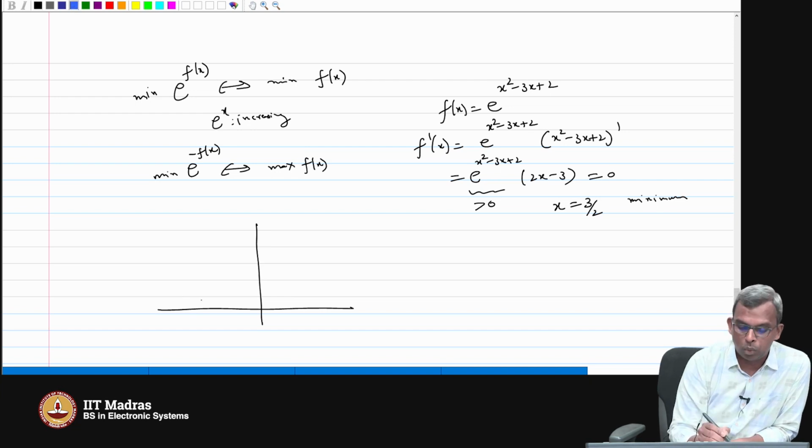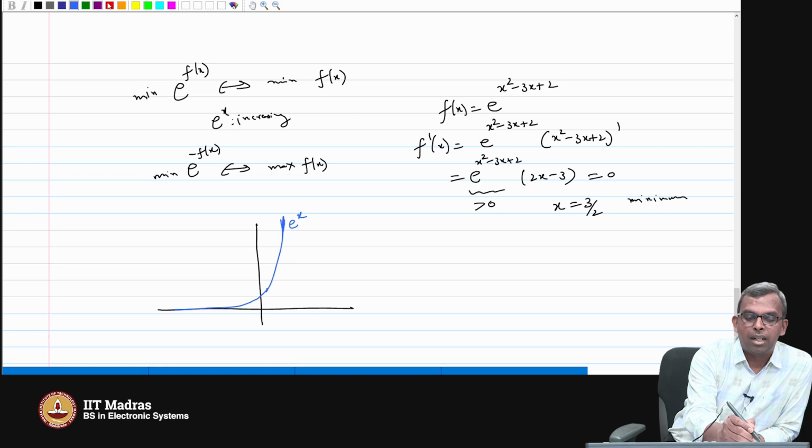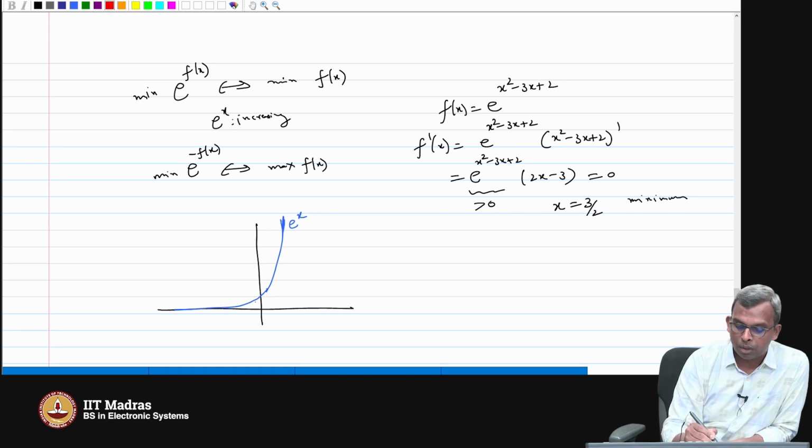Let us draw it in blue. You know, this is how e power x behaves, right? Let us draw 1 plus x. Okay, so 1 plus x will look like this. What this inequality is claiming is e power x is greater than 1 plus x for all x.